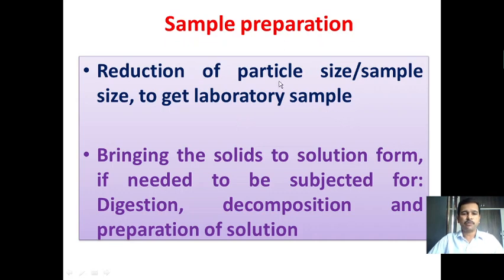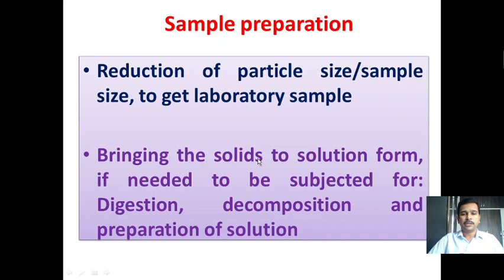Sample size reduction is very important before you go to the analysis, and this is done with the objective of converting the large bulk sample into a laboratory sample. You have to obtain a representative sample. Once the laboratory sample is obtained, the solid sample has to be brought to solution form.